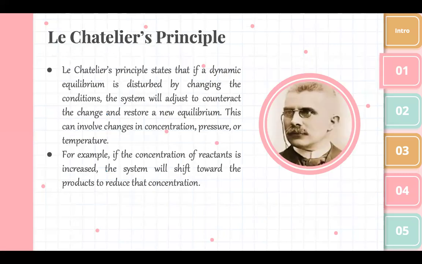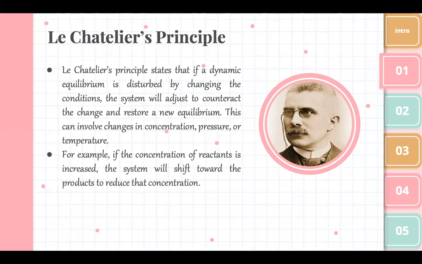Le Chatelier's principle states that if a dynamic equilibrium is disturbed by changing the conditions, the system will adjust to counteract the change and restore a new equilibrium. These changes can involve concentration, pressure, or temperature.